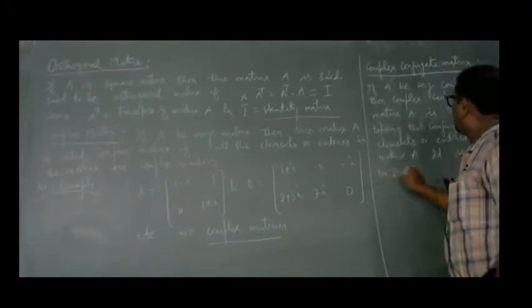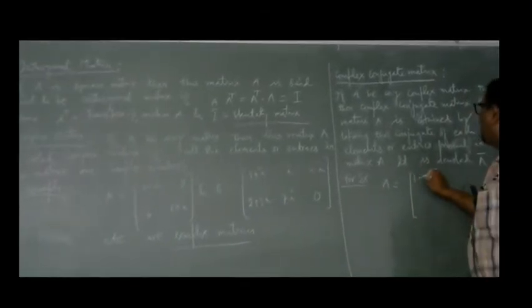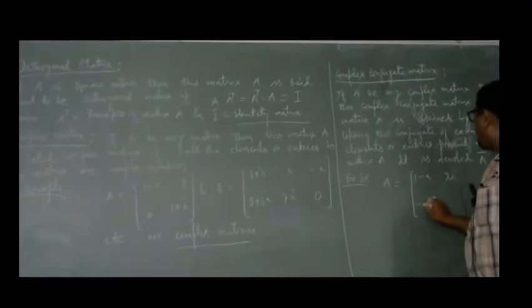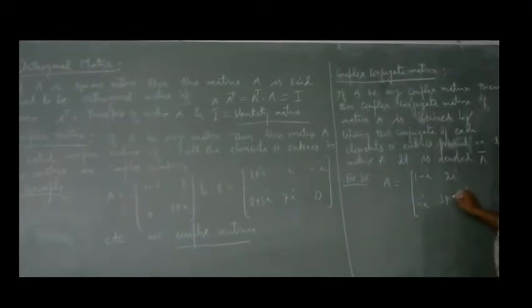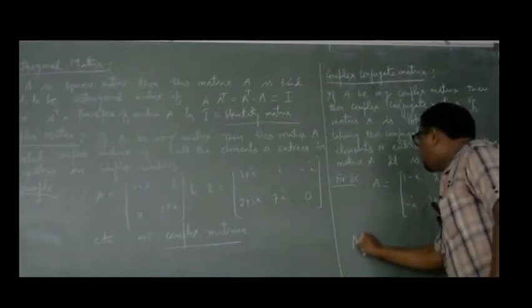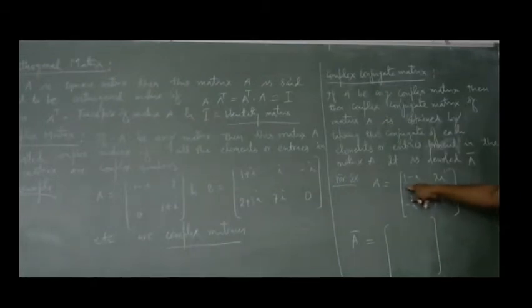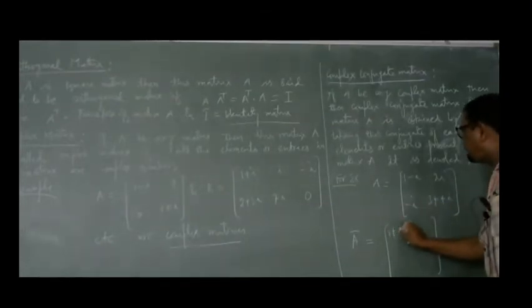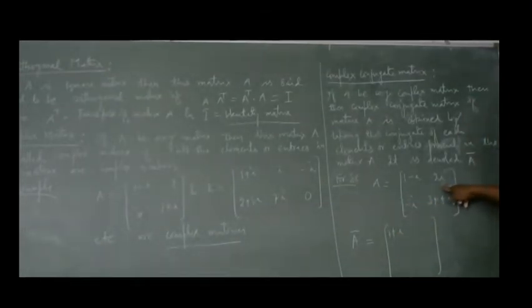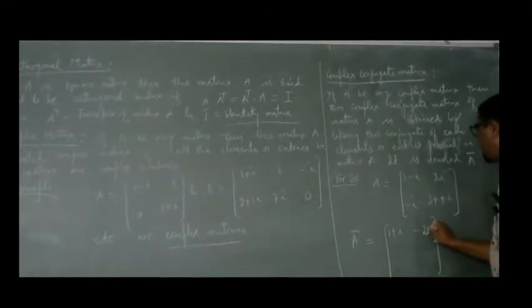For example, suppose A is any matrix. I'm just taking 1 minus i, 2i, minus i, 3 plus 4i. You want to find the complex conjugate of this matrix, so it is A bar. 1 minus i is a complex number, so its conjugate is 1 plus i. 2i is a complex number, so its conjugate is minus 2i.